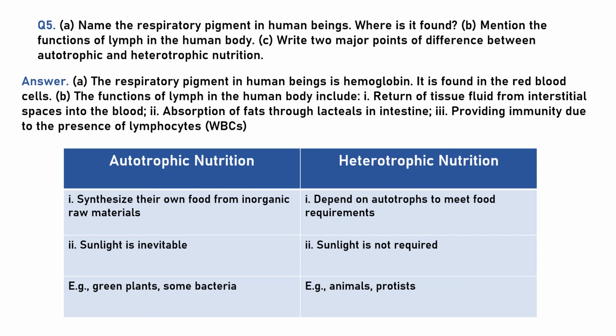Sunlight is not required for heterotrophs, we require sunlight for other purposes, right. Then example: green plants and some bacteria, these bacteria are cyanobacteria or blue green algae, right. And here the animals and protists. These are the examples of heterotrophs. You can write down fungi also, right.